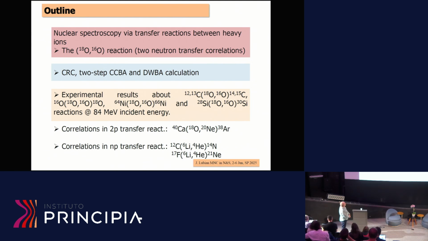Then I will show some correlations in proton transfer reaction. I will pick one example. That was the first experiment, the pilot experiment of the NUMEN project. I will then show the correlation between neutron and proton in transfer reaction, lithium-6 plus carbon-12, and lithium-6 plus fluorine-17.